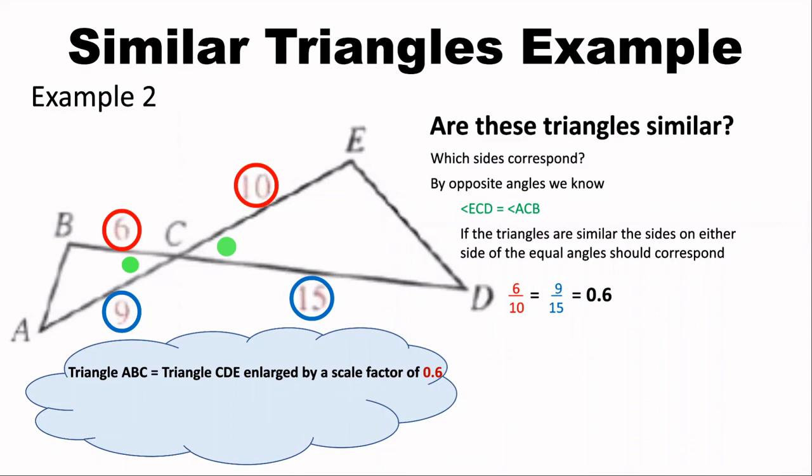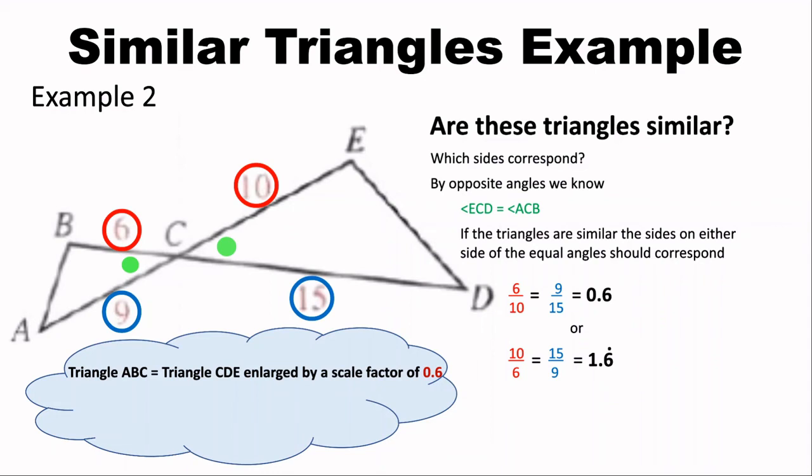If I want to figure out the scale factor that turns triangle ABC into the larger triangle CDE, I would have to do my fractions the other way around. I would have to use the reciprocal of the fractions I used. So instead of 6 over 10, 10 over 6. And instead of 9 over 15, 15 over 9.